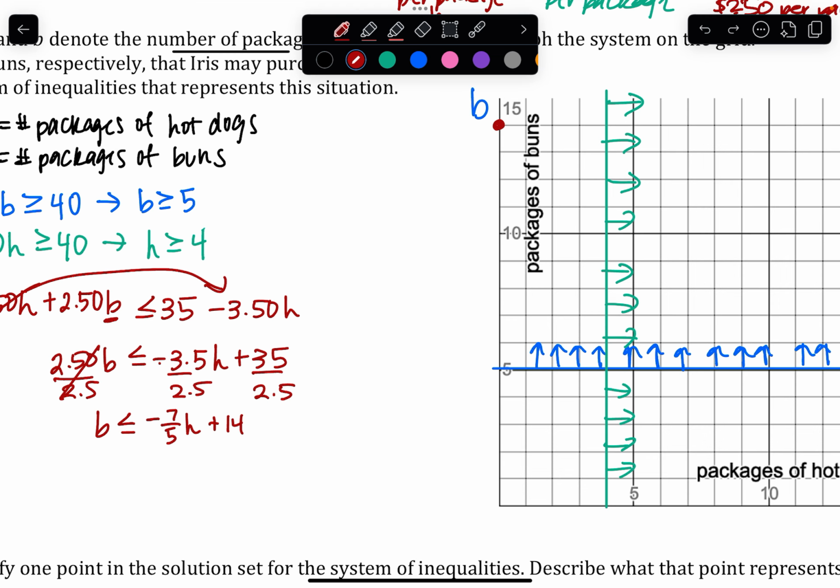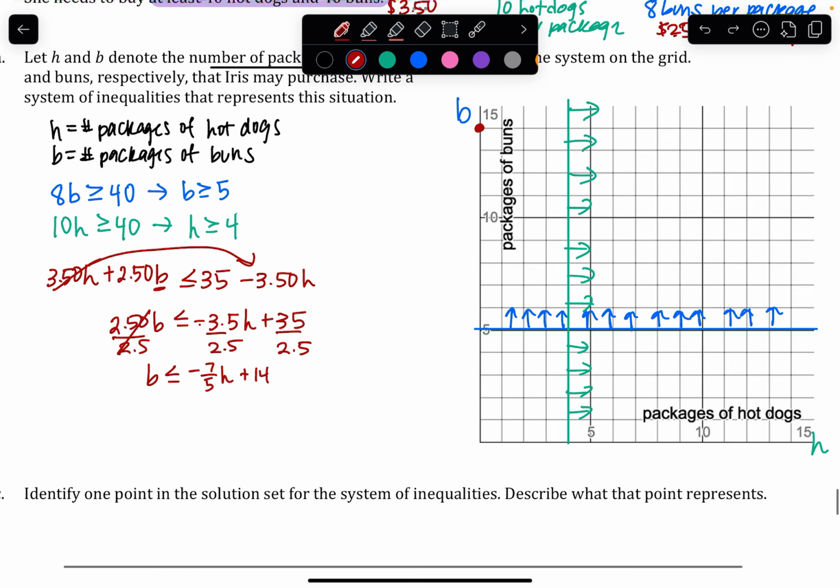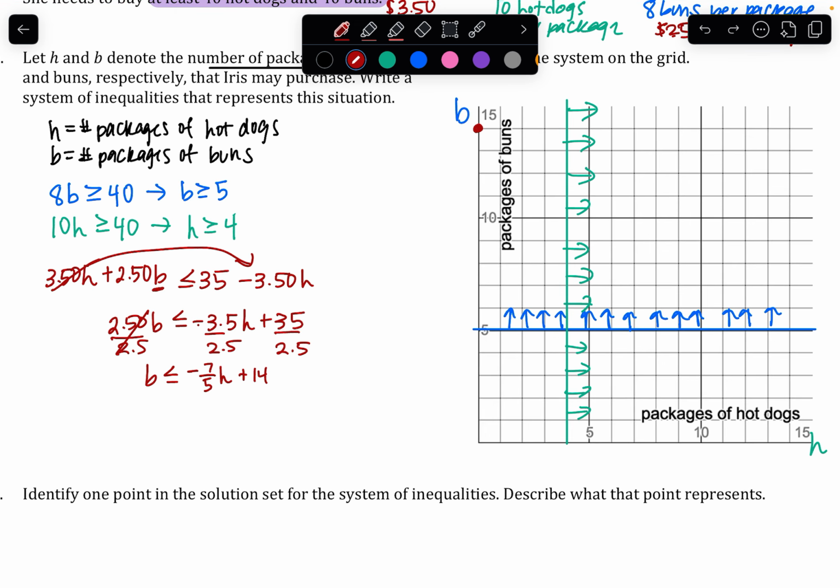I'm not going to call it B because we're using B. And then our slope is going down 7, right 5. So down 1, 2, 3, 4, 5, 6, 7, right 5. Down 7, 1, 2, 3, 4, 5, 6, 7, right 5.